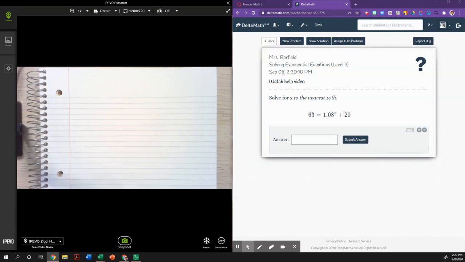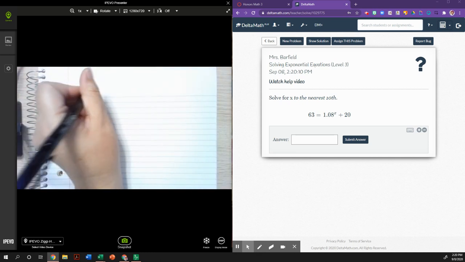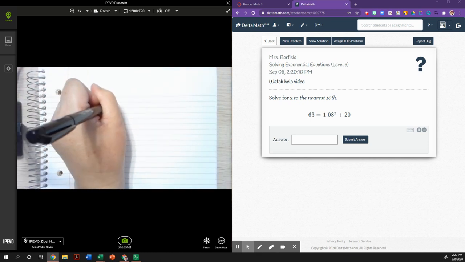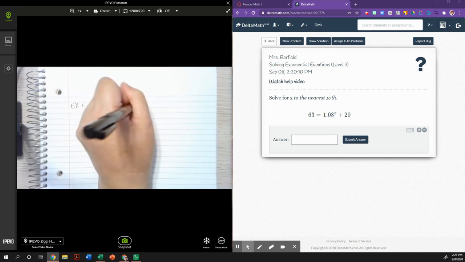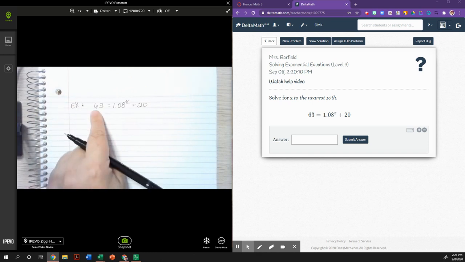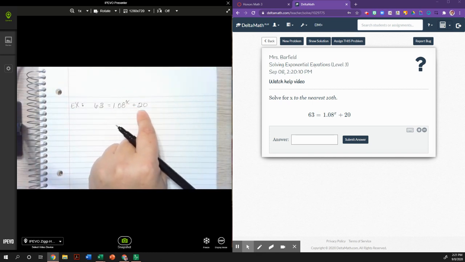We are going to continue on with solving exponential equations. If you look at our first example, we know we're solving exponential equations when our variable is located in the exponent. So 63 equals 1.08 exponent of x plus 20.